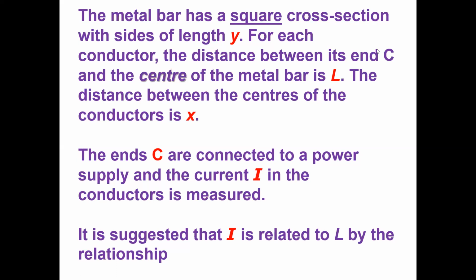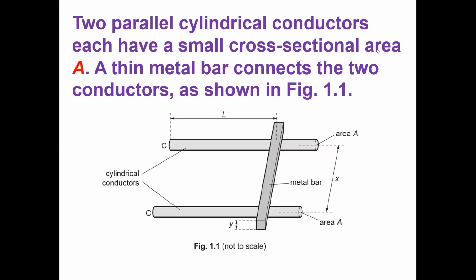When he gives the power, the current I in the conductor is measured. Okay, we measure the current. It is suggested that I is related to L by this relationship. Look at this L. So what is he changing and what is he actually trying to do?